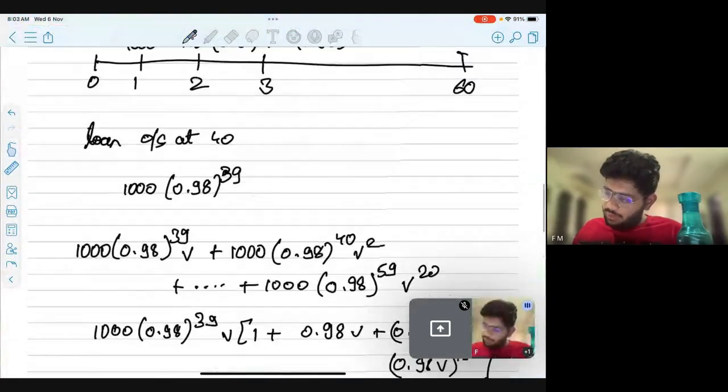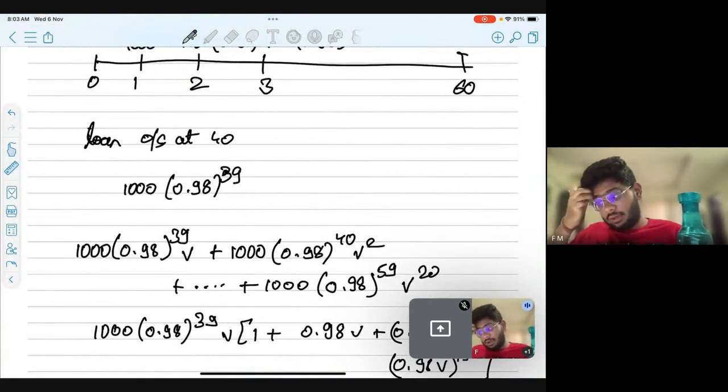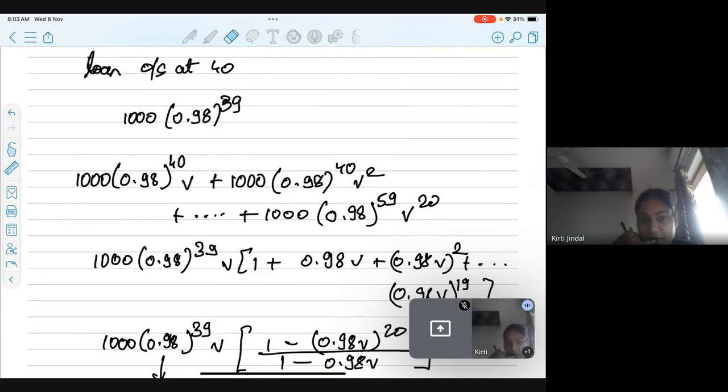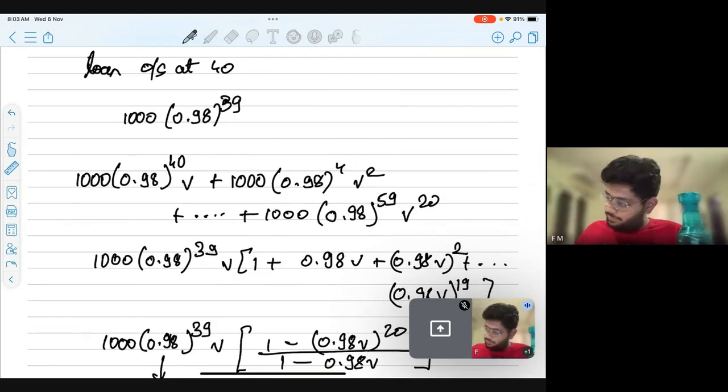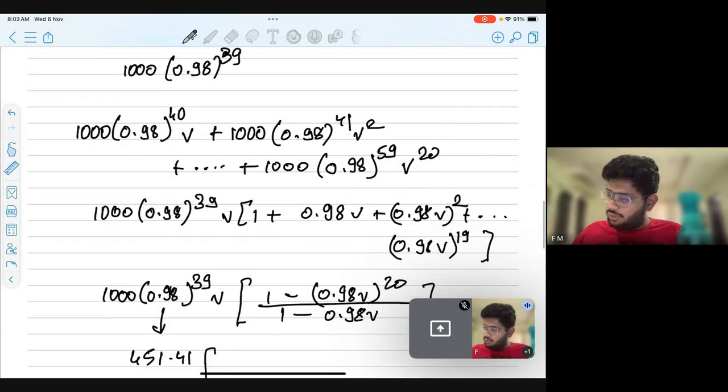Also, the payment at time 40 will be 1000 times 0.98 to the 39. The payment at time 41 will start, so this will become 40, after the 40th payment. This will still be 59, but the first payment will be 40.